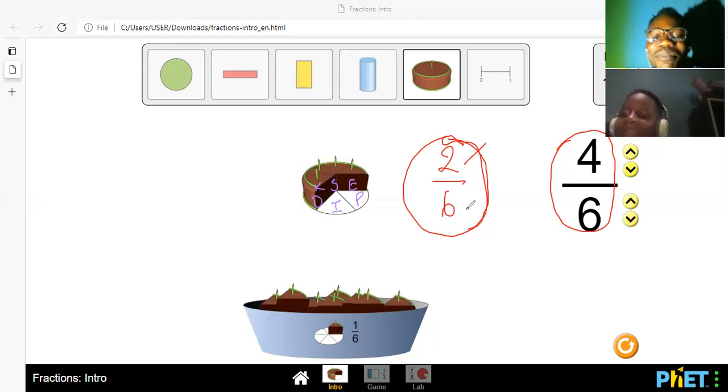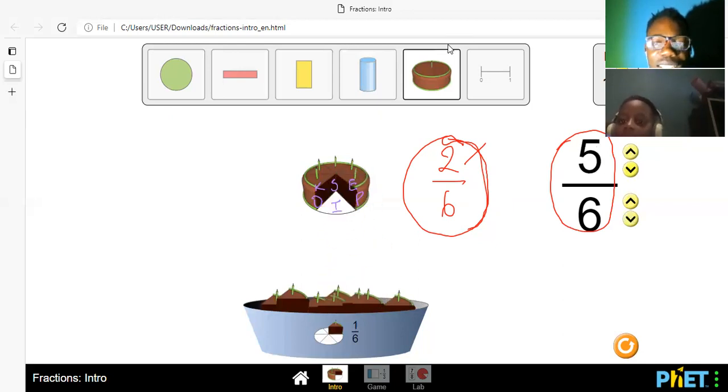Okay, so you have 2 out of 6 that we did not give cake, and we have 4 out of 6 that we gave cake. Now, I'm just still using this as an introduction for you. We'll still do addition of fractions. So I've given them.